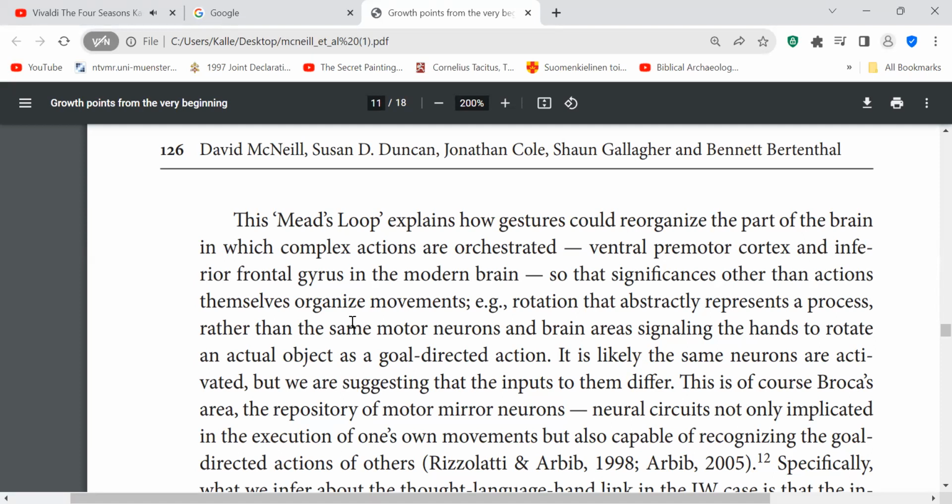For instance, rotation that abstractly represents a process, rather than the same motor neurons and brain areas signaling the hands to rotate an actual object as a goal-directed action.